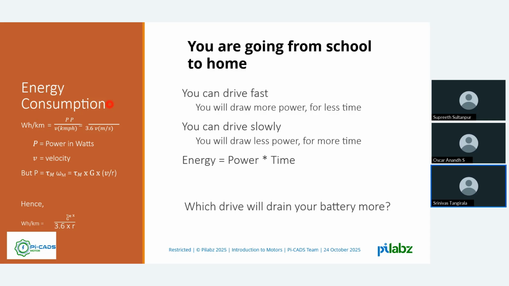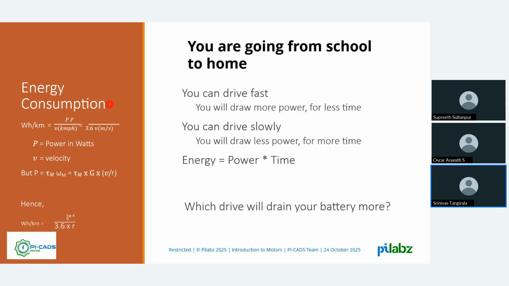Power is rotational speed of the motor times the torque of the motor. And torque of the motor is also given by, like we talked about, the gear ratio into V by R, which is the motor gear ratio.